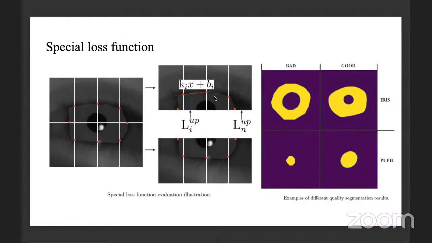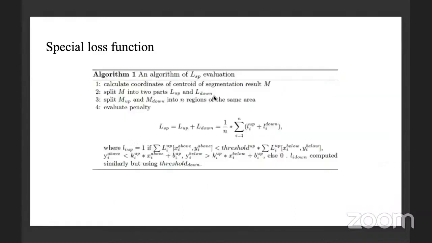What we want is that our network will segment better than this rough segmentation. And to be sure that the network will work like that, we do the following.